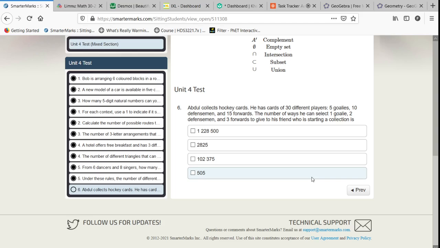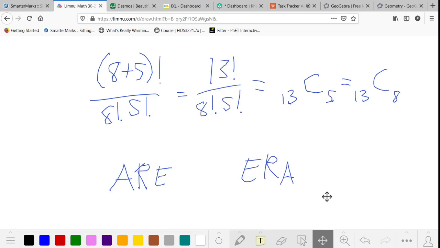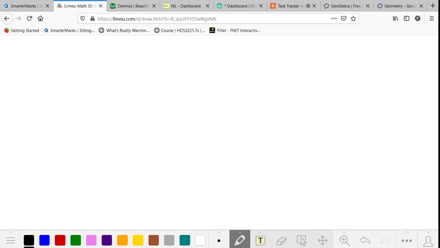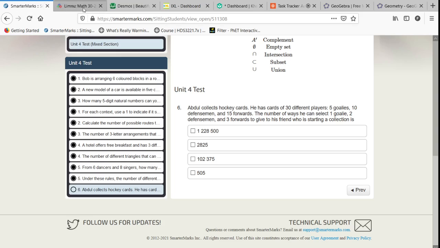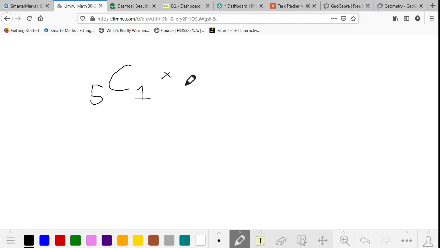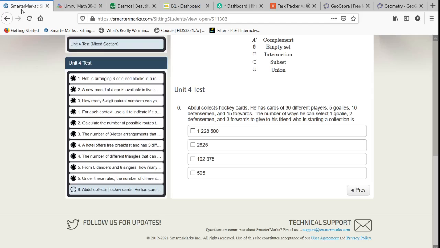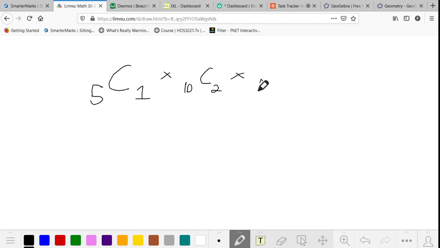Let's break it down step by step. Of the 5 goalies, he's choosing 1. He's choosing 2 of the 10 defensemen, and 3 of the 15 forwards.